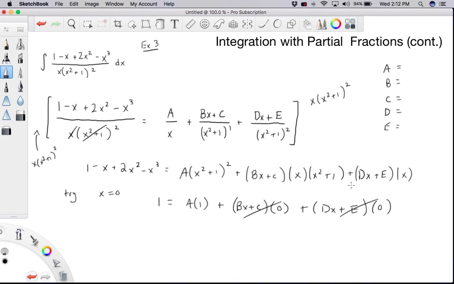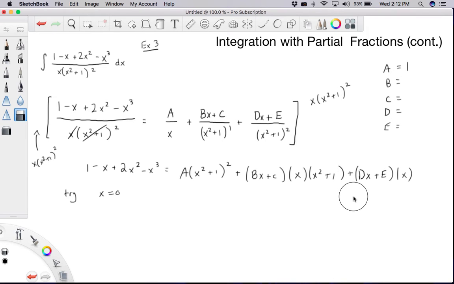Anything times 0 is equal to 0. So really, we already know a is equal to 1. Okay, so we've already tried x equals 0, and unfortunately, that's the only good one that we can try that's going to eliminate some of our constants, allowing us to easily find the other ones.